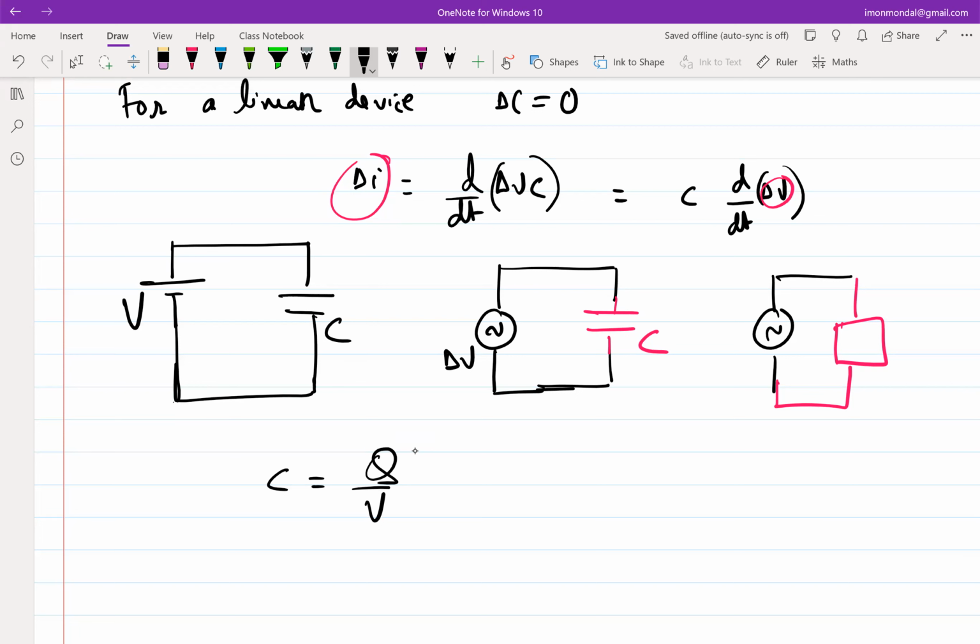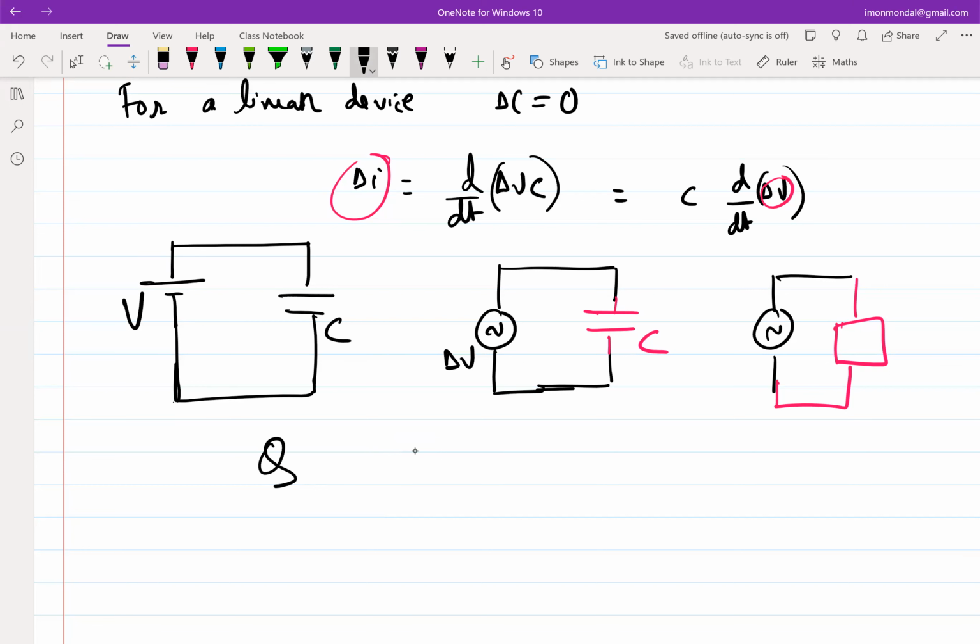Now if that is the case, and things are becoming murky in the current domain, I will go back one step and analyze everything in the voltage domain, in the charge domain. What will be the incremental analysis in the charge domain?